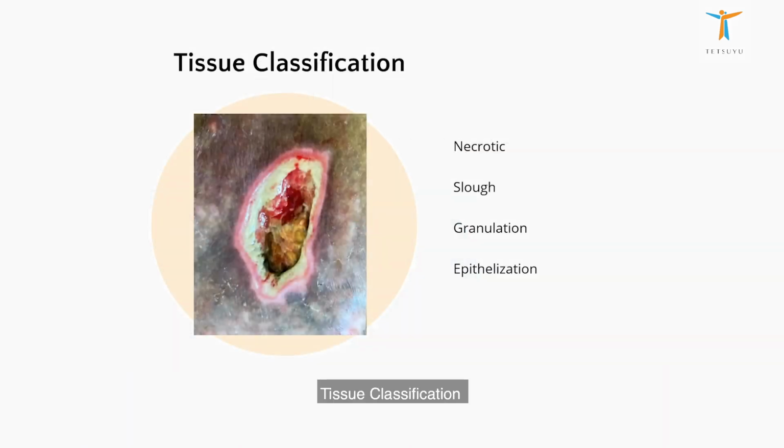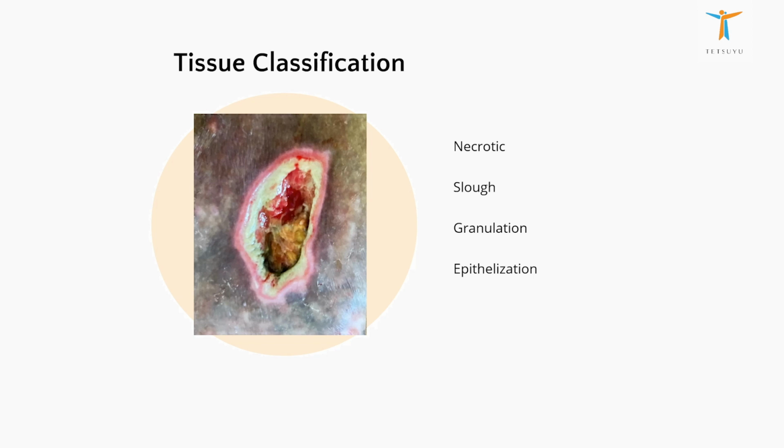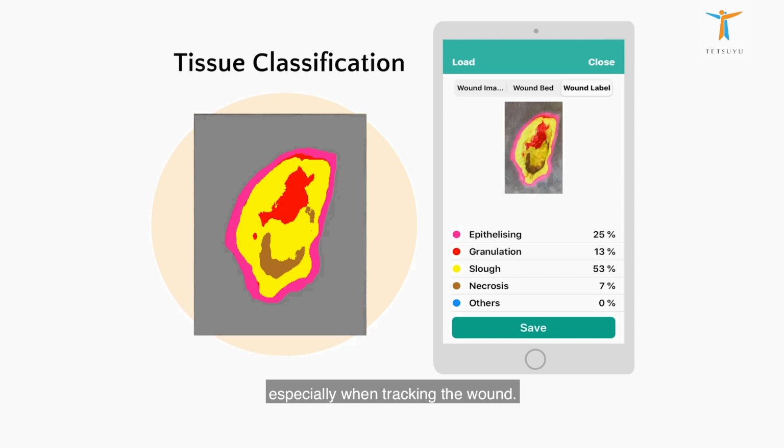Tissue classification. Tissue viability is also another key assessment component. Identifying the types of tissues, namely necrotic, sloughy, granulation, and epithelialization. We would also want to know the change in the amount of these tissues, especially when tracking the wound.